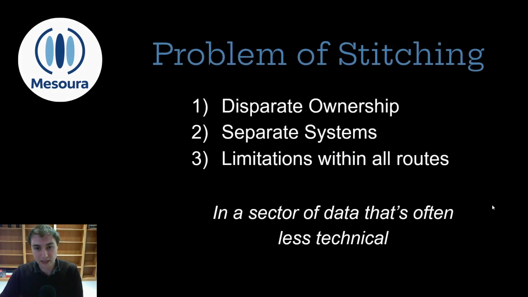So the problem of stitching in a more general sense isn't just the limitations that have just been described, but we're dealing with broad and varied systems within any kind of medium to large firm. So often we're dealing with disparate ownership, so lots of different departments with different priorities, plenty of databases that pop up here and there, and then there are limitations within each and every one of the kinds of routes that we're talking about.